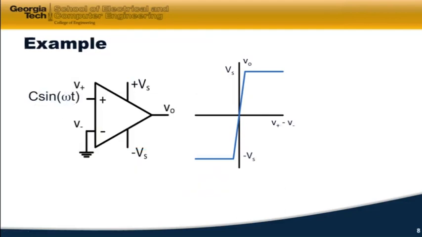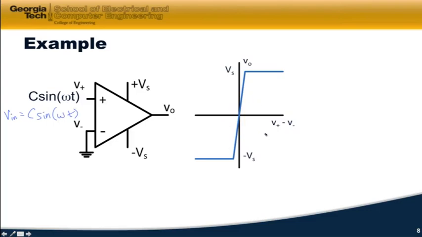As an example of a comparator circuit, let's assume that we've got a sine wave voltage going into V plus, where C is just some constant. And we connected V minus to ground. So our input voltage is actually some constant times the sine of omega t.